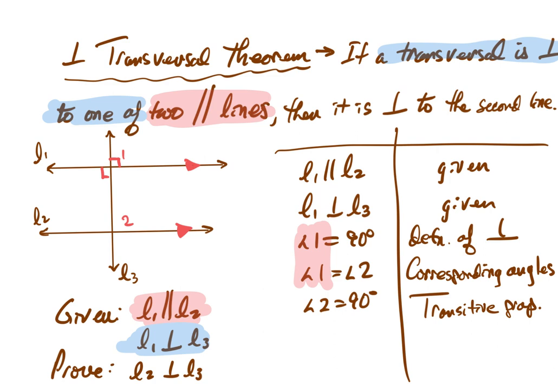That's the transitive property. And since angle 2 has to be 90 degrees, I could then insert a box into that corner just to give you a visual. And that tells you, because that one's 90 degrees, that the two lines, number 2 and number 3, are perpendicular to each other using the definition of perpendicular. And we have our second proof.